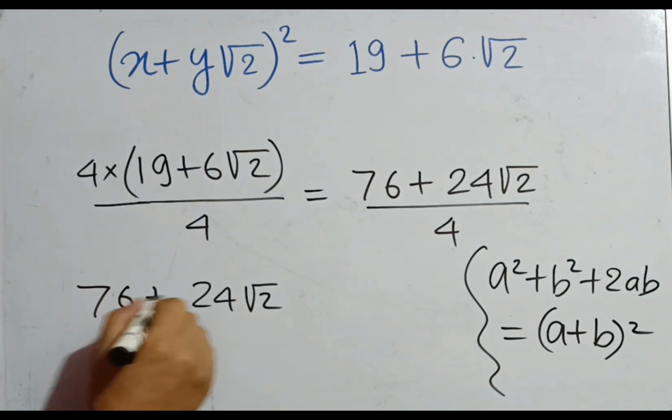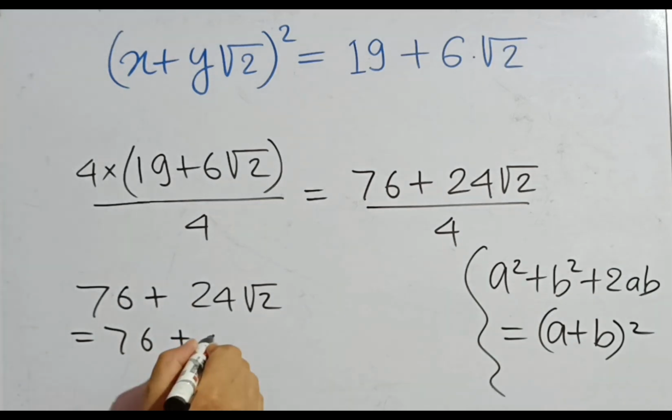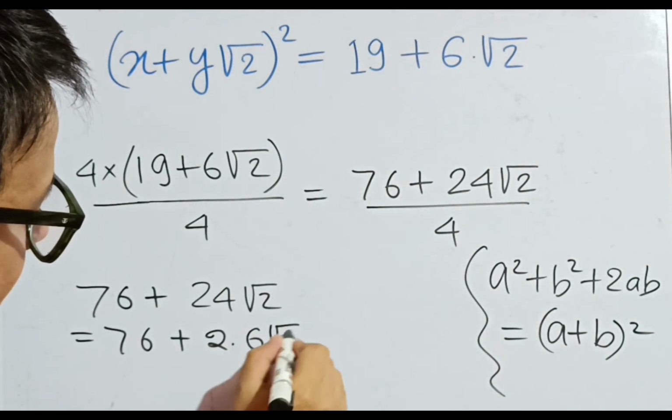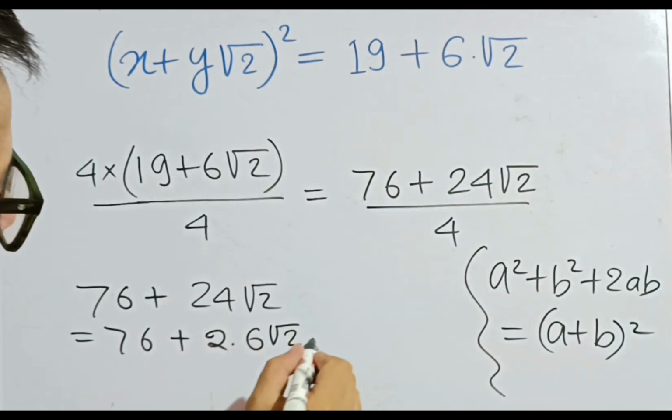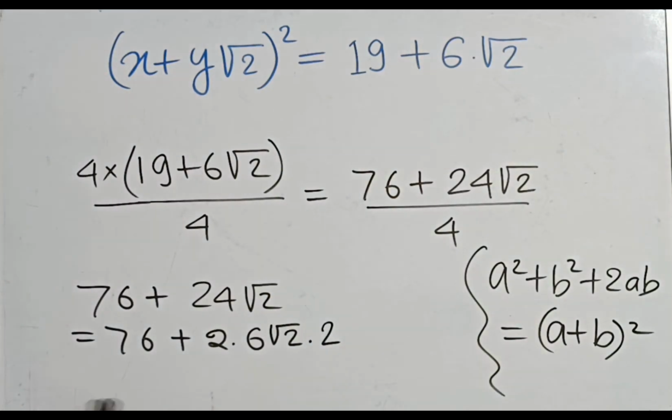So the numerator of the right hand side, 76 + 24√2, can be written as 76 + 2 into 6√2 into 2, because the product of 6√2 and 2 is 24√2.